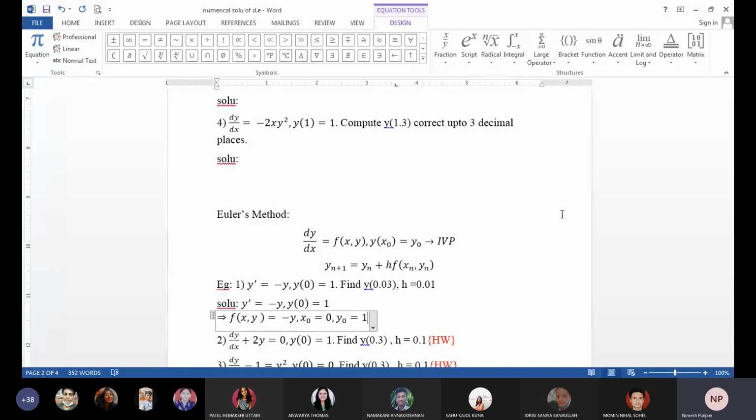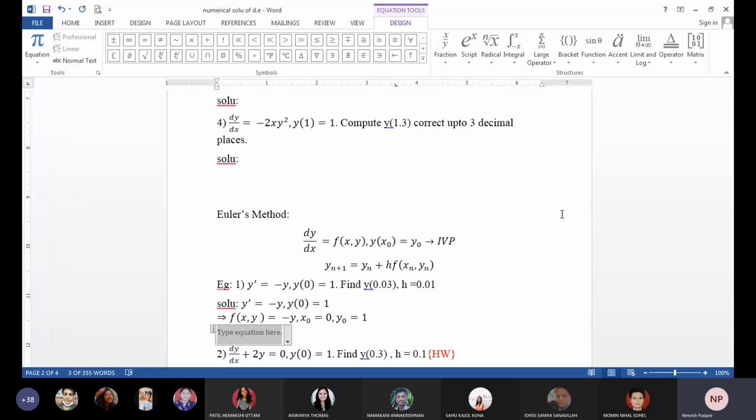We want to find y of 0.03 given h as 0.01. Okay, y of 0.03 we have to find, given h is 0.01.